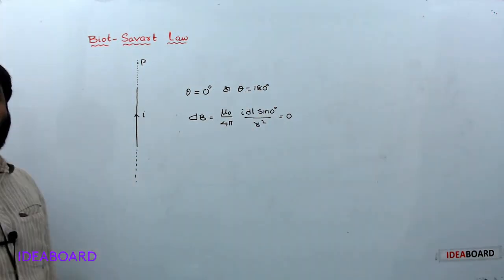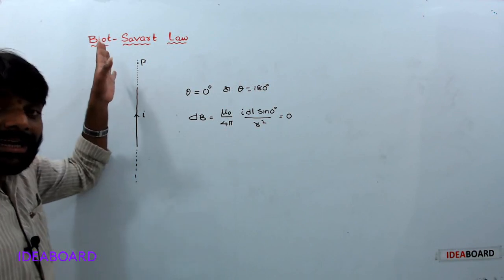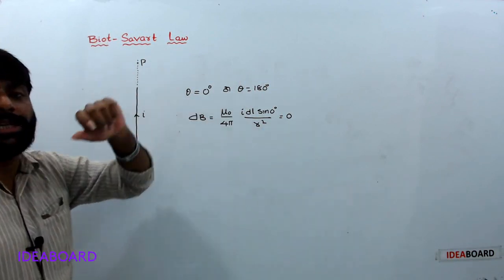That means the magnetic field intensity everywhere on the axis of a current carrying conductor is equal to 0.